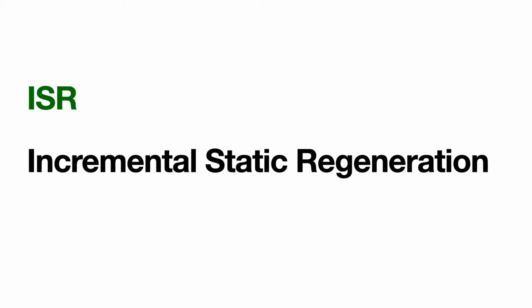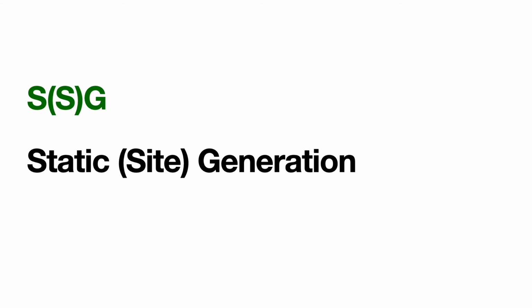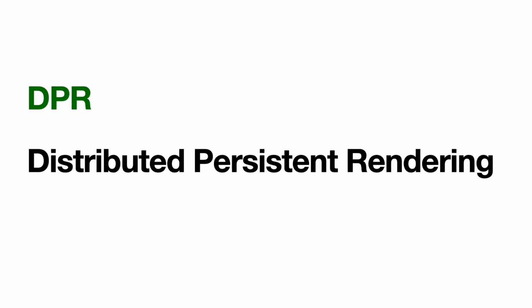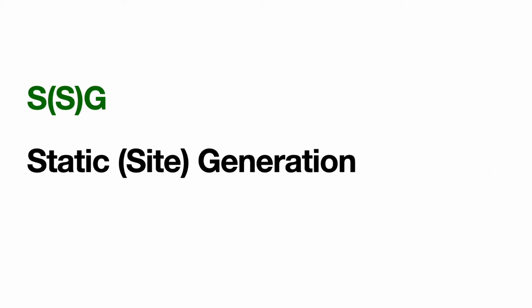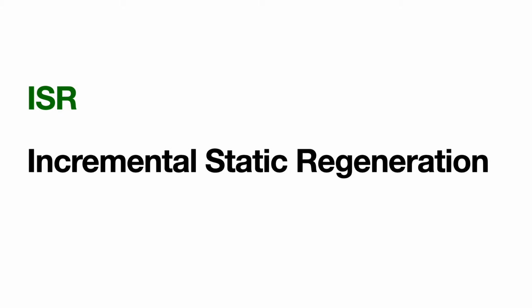So ISR is a combination of static generation and server-side rendering. The idea is we only do static generation for the very critical pages, like, I don't know, the top 10 pages people access. And for the rest, we just delay it. You could think of it as lazy load or something.